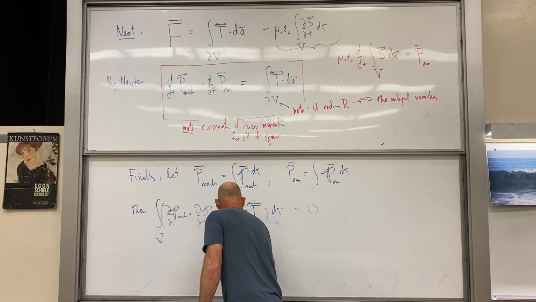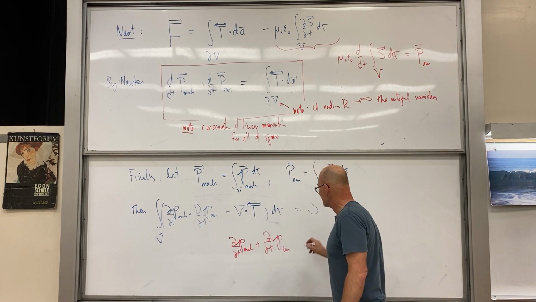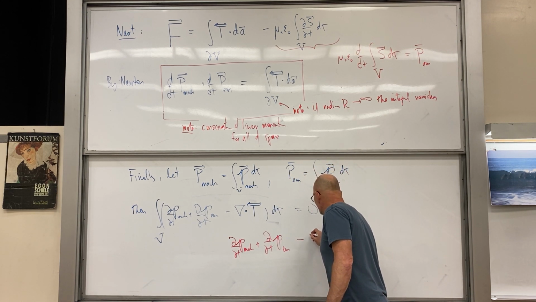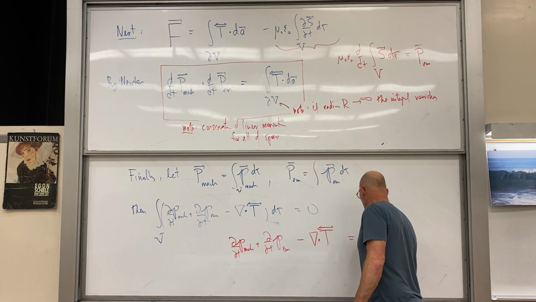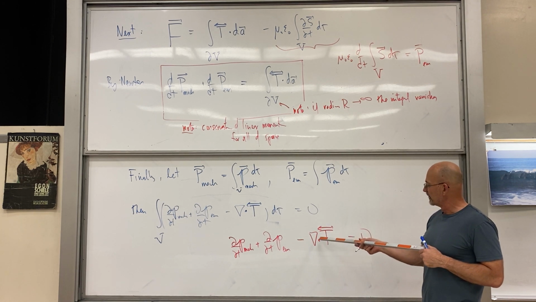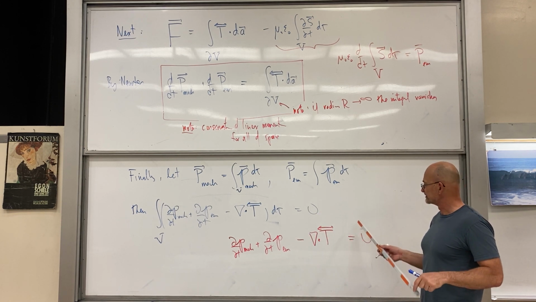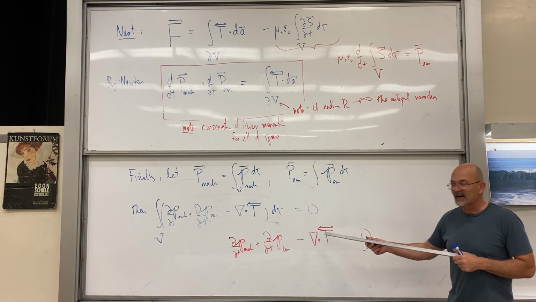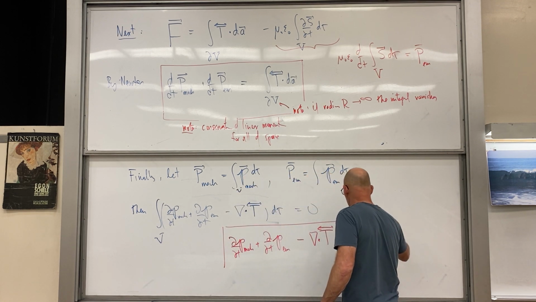So now we have d p mechanical with respect to time, d dt p electromagnetic, minus divergence of T equals 0. We're accustomed to having a plus sign here, but that's just a sign. Or, plus the divergence of negative T if you want. But yeah, that has the same form as a continuity equation, which expresses a conservation law as well.